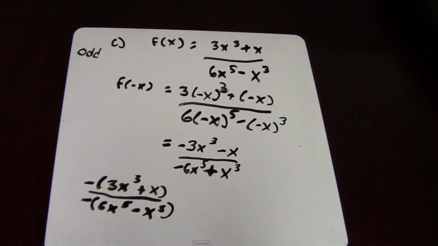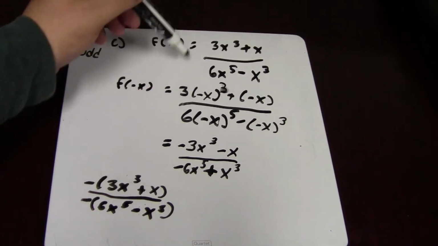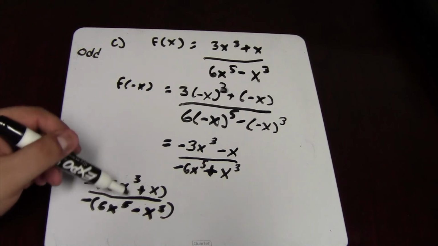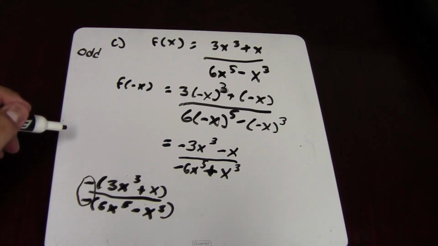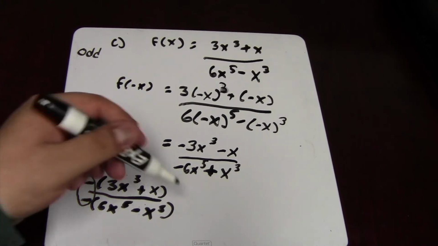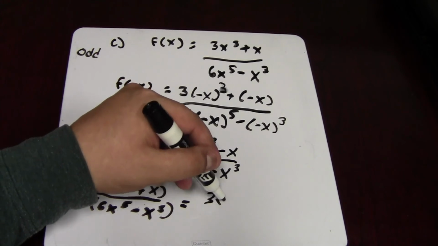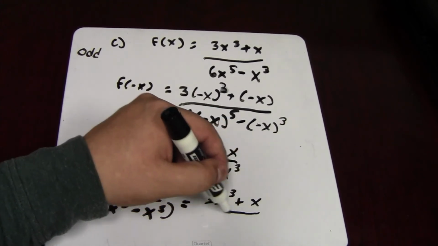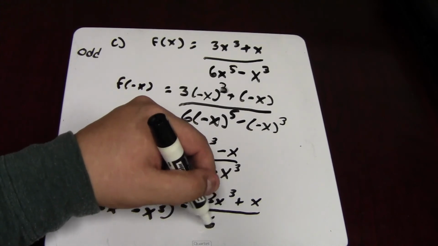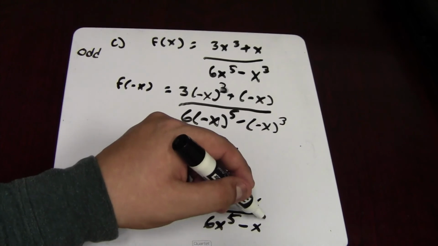Now let's look at this carefully. This part here looks exactly like this. So this looks like f of x. But I have a negative over a negative, which means that's going to become positive. So this becomes just 3x cubed plus x over 6x to the fifth minus x cubed.